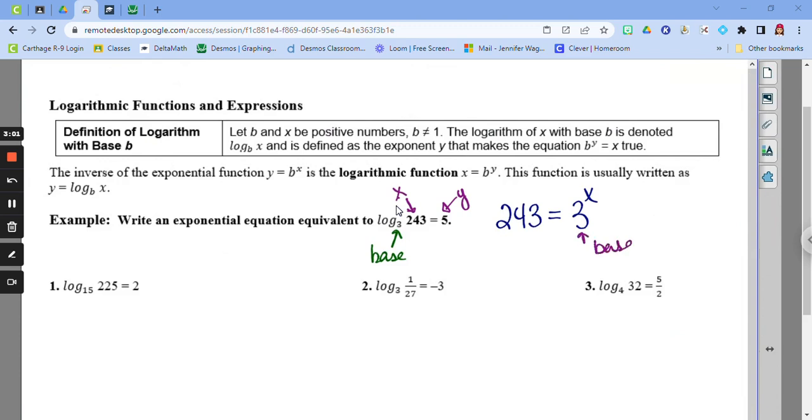So there's our base. Here's our y. I meant to put that as 5 instead of, there we go. It should make mathematical sense. 3 to the 5th power is 243. If you write that any other way, it's not going to be a true statement.